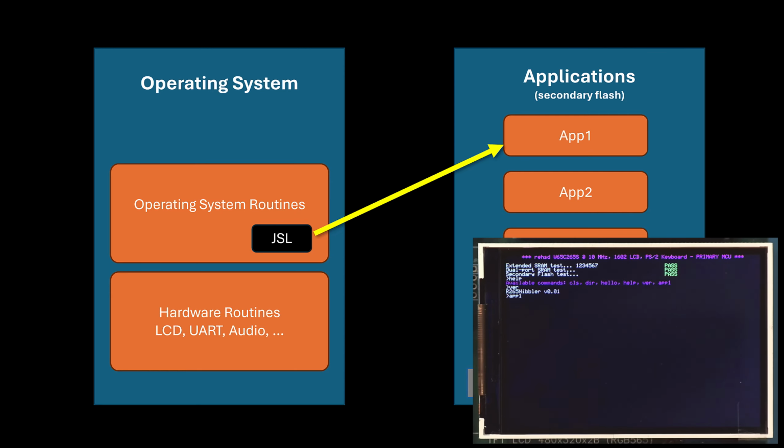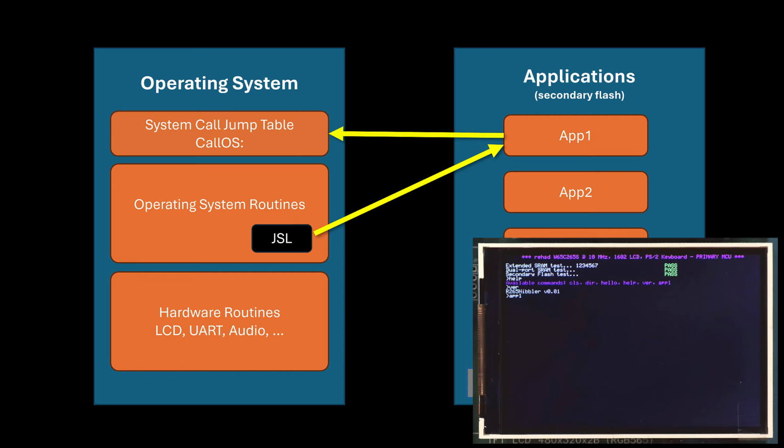And that application then, let's just say app1, I want to have it then access hardware back on my main board through the operating system. So it might then turn around and make a call back to a jump table. And so this jump table is something I'm going to have to come up with standards on, and basically have a standard way to connect to it, interface with it from my applications.